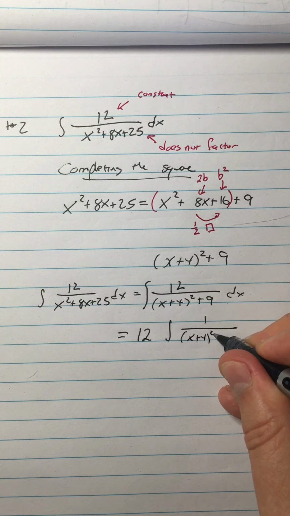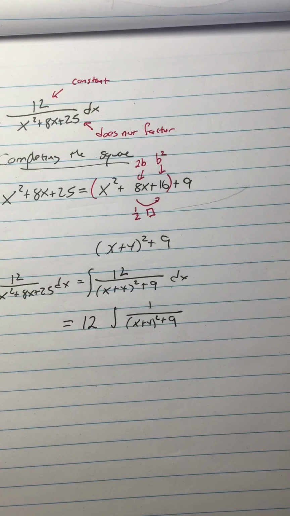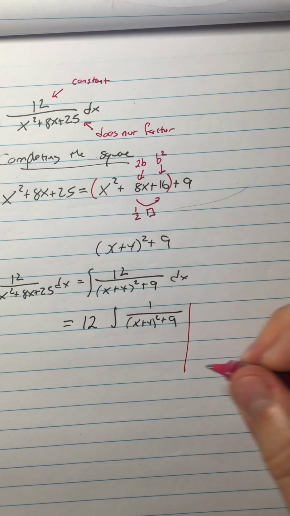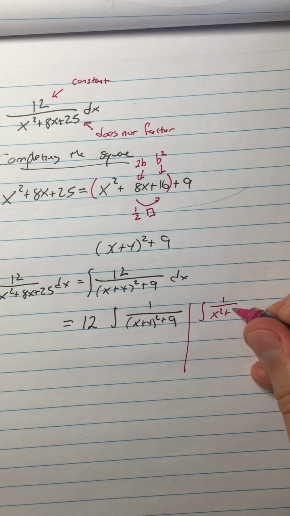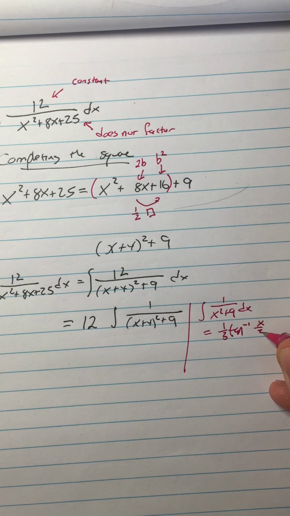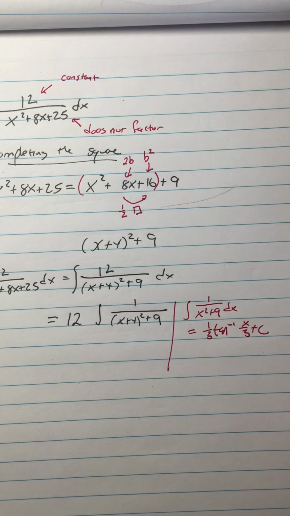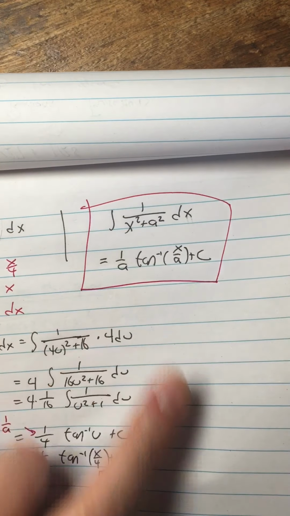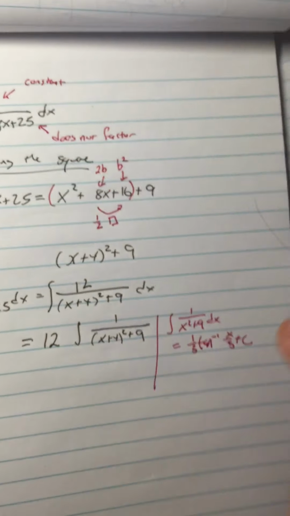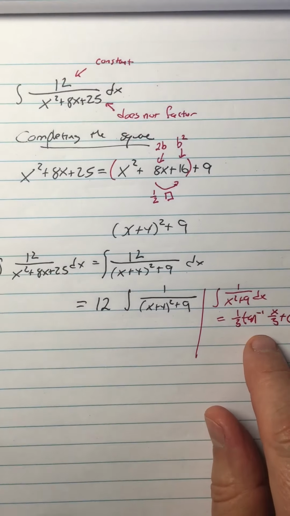So on this one, what I'm going to do is recognize that the integral of 1 over x squared plus 9 is equal to 1/3 inverse tangent of x over 3. That's our formula that we just learned, using a equals 3. In fact, this is the first example of this that we did.